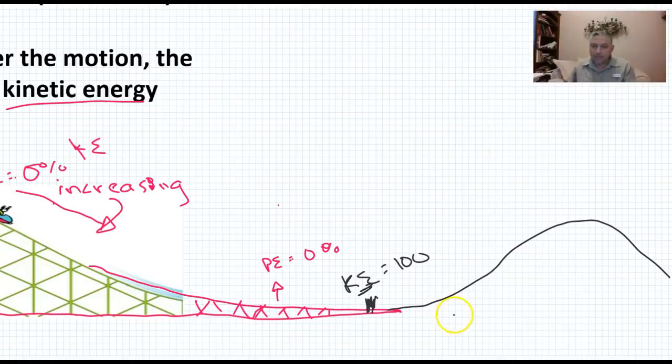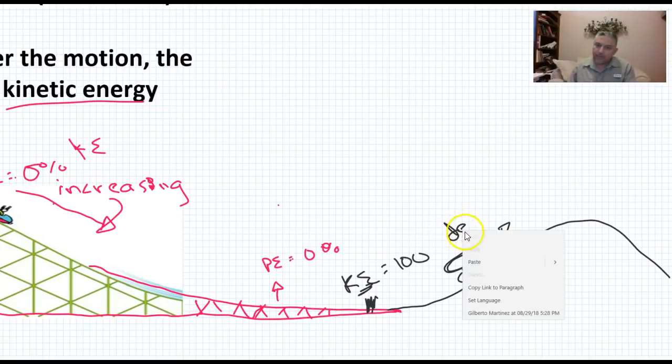So what happens to the kinetic energy as the object goes up the hill? This is the cart of the roller coaster, and it's going up the hill. Keep in mind the object is going to be slowing down, and as the object slows down, the kinetic energy will be decreasing.